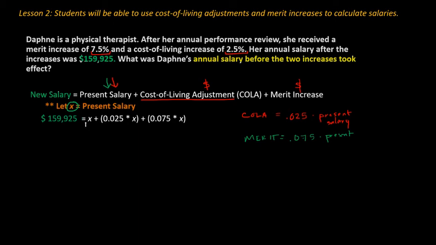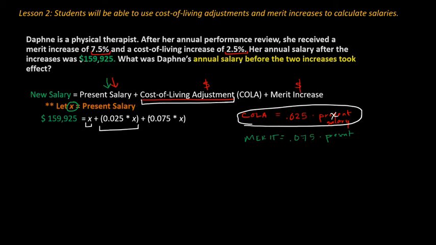This is cost of living adjustment in terms of present salary, and again, I replaced present salary with x to keep things shorter and a little easier to deal with. Next, I plugged in merit increase percent, 0.075 times present salary, again writing x instead of present salary. So I've got present salary plus my phrase for cost of living adjustment plus merit increase.